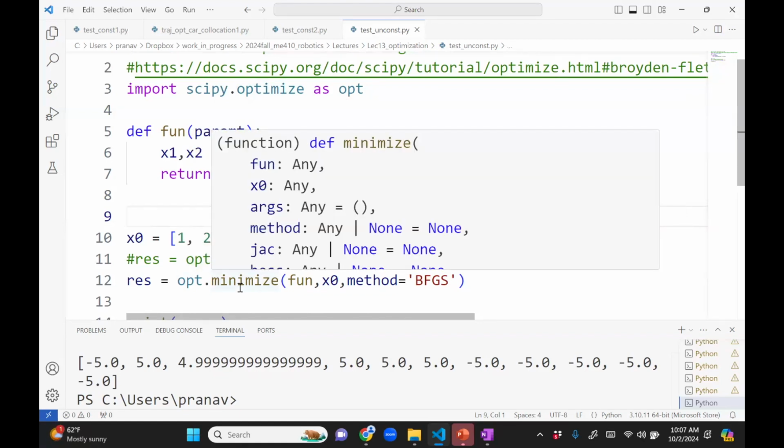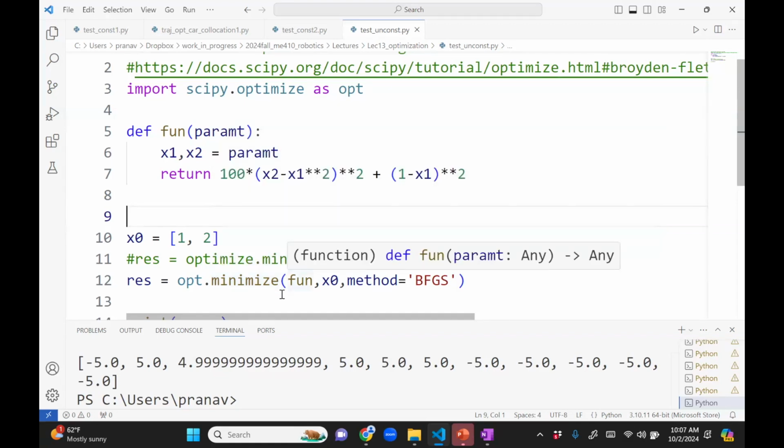The reason there's a dot is that you create some kind of an object, and that object has a function associated with it, the function here being minimize, and you could have an object of an object. So scipy is the package, optimize is one of the suite of optimization packages. Within that, there are multiple functions. One of them is minimize.